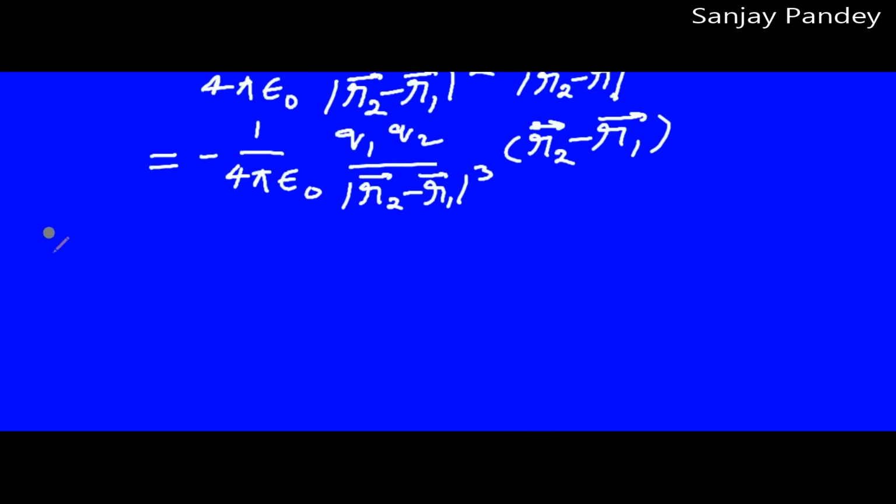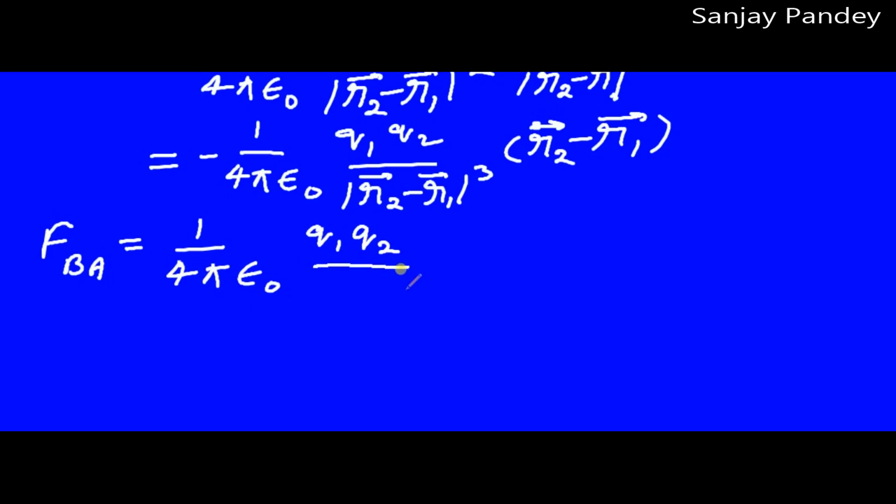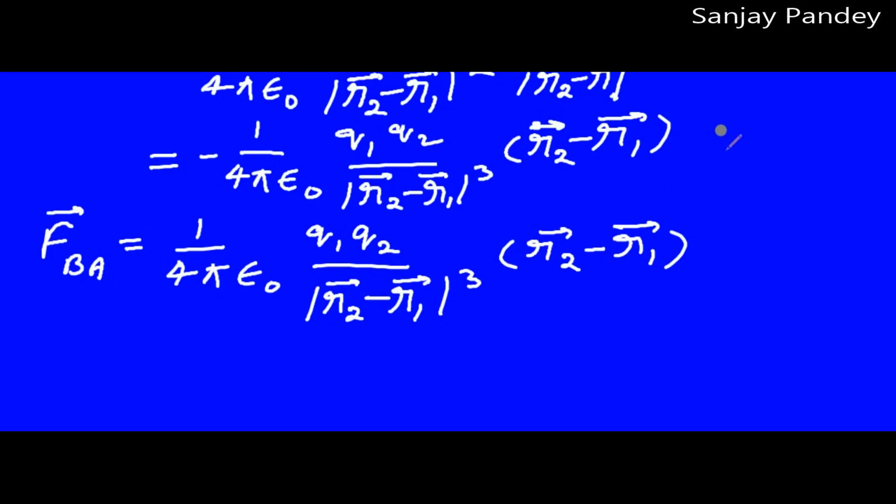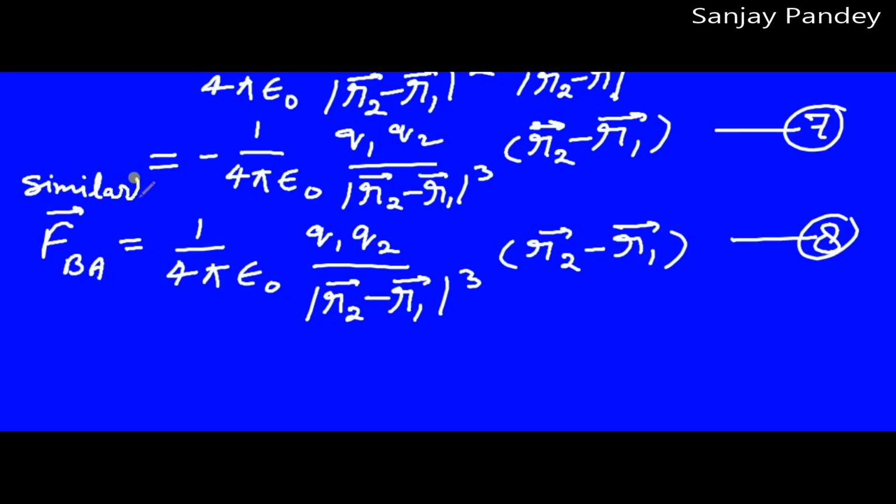Similarly, we can also write F BA is equal to 1 upon 4 pi epsilon naught Q1 Q2 upon magnitude of (r2 minus r1) cube into (r2 minus r1), and this is equation 8.